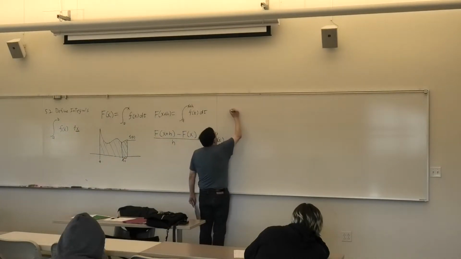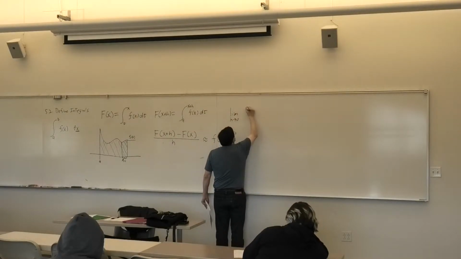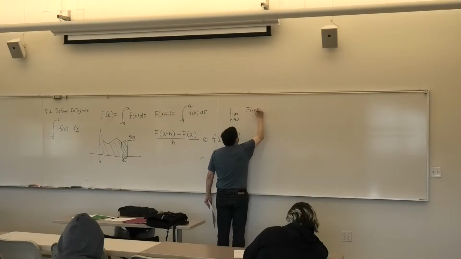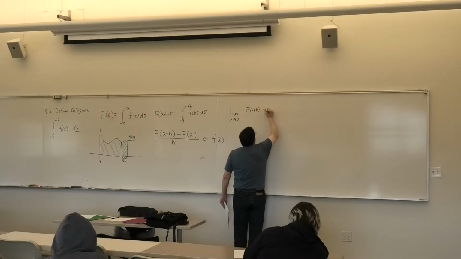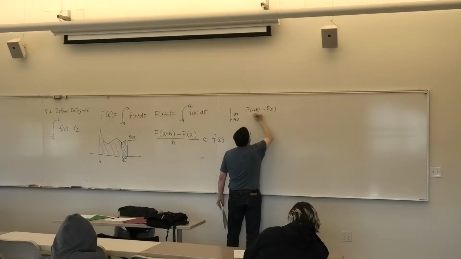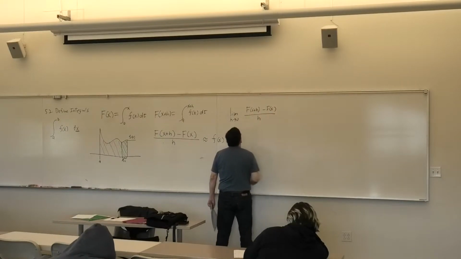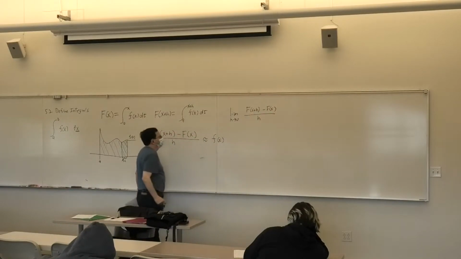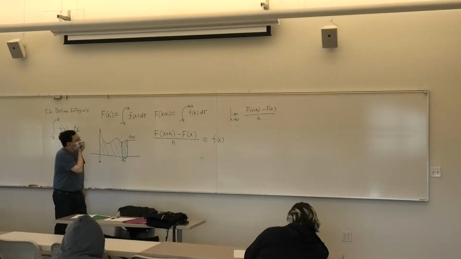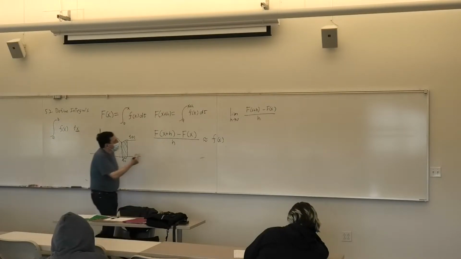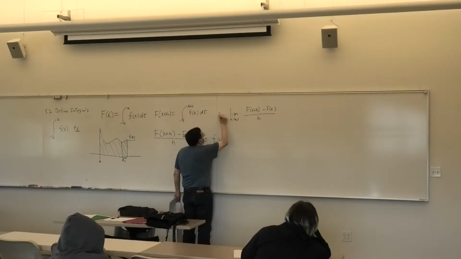So we're now going to look at the limit as h approaches 0 of f of x plus h minus f of x over h. Which, again, is approximately f of x.